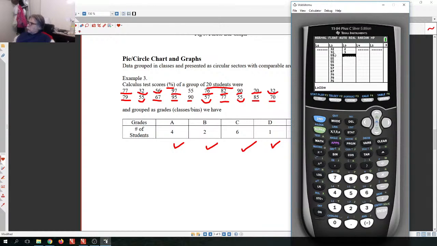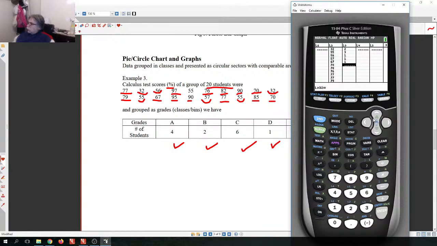So you're going to have to delete these. 32, once, delete. 55s, delete. 56 happens to be only once. 57 only once. 67 only once.